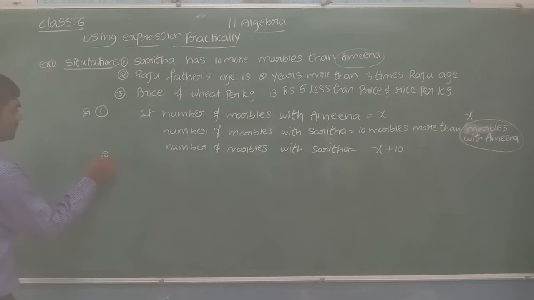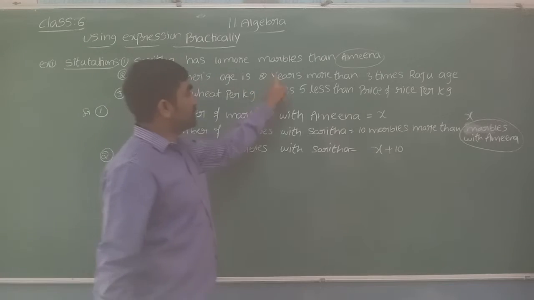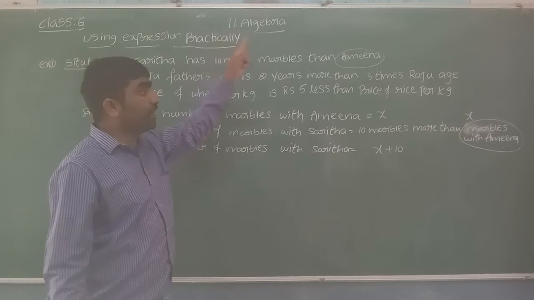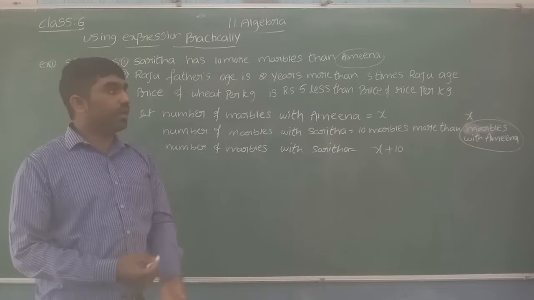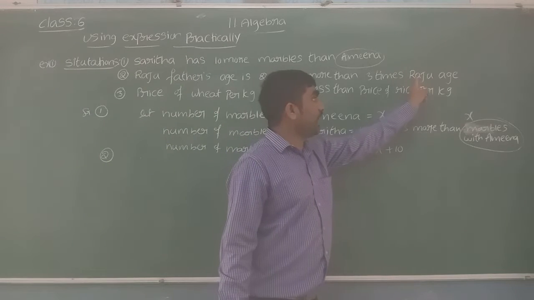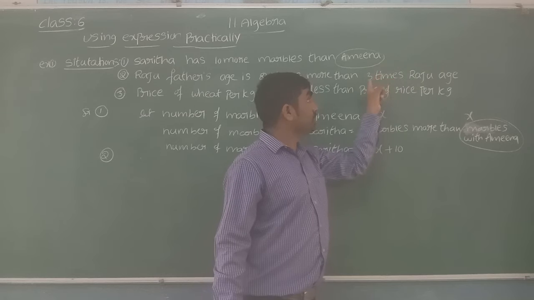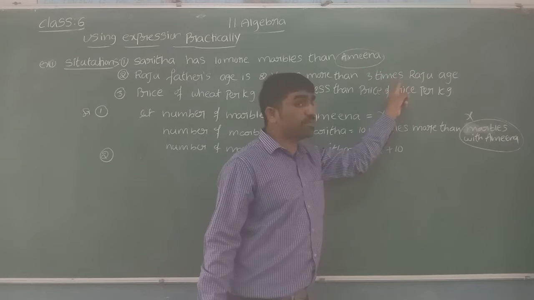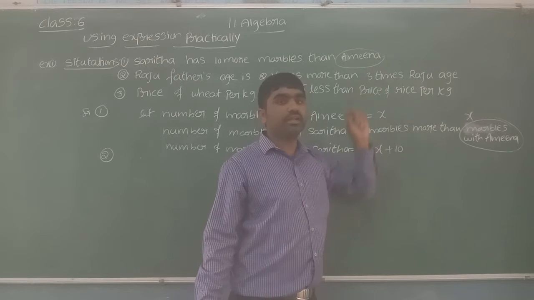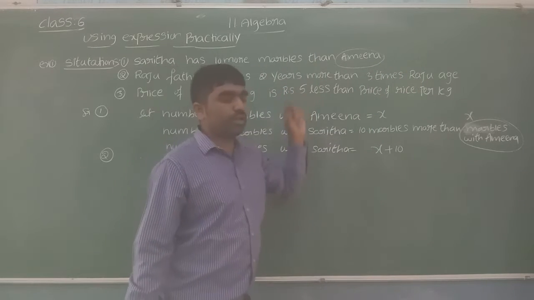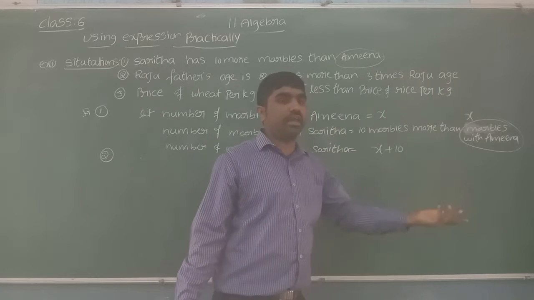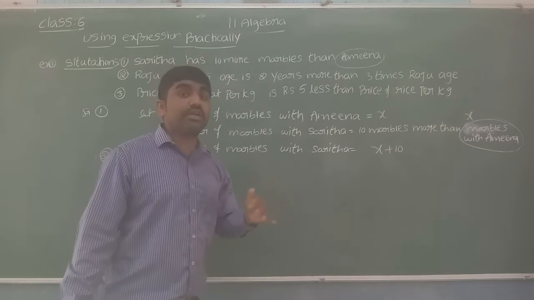Let us see one more. Second one we have: Raju's father's age is 2 years more than 3 times Raju's age. Here the father's age depends on Raju's age. If I know Raju's age, we can find the father's age. Suppose Raju's age is 10 years, 3 times 10 plus 2, his father's age is 32 years.